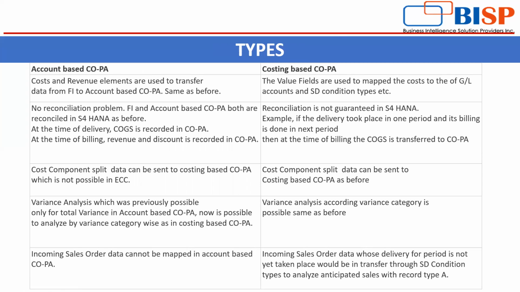We can see a few differences between account based and costing based COPA. Number one, cost and revenue elements are used to transfer data from FI to account based COPA. Now under SAP S/4HANA, we have ACDOCA, that is the Universal Journal, and the entire data in FI is saved under one universal journal.